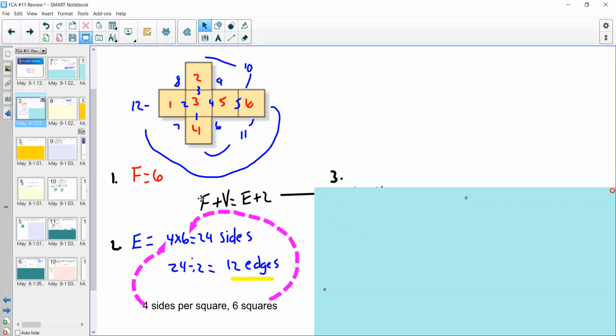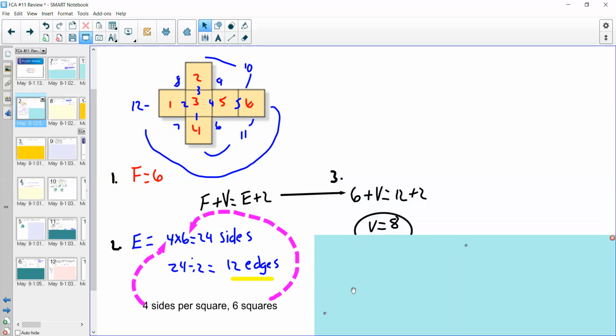Notice in Euler's theorem there are 3 variables, and now I have 2 out of the 3, so I can solve for the third. Because I've got the faces and the edges, I can plug that into Euler's theorem and solve for the number of vertices. We have 8 vertices. That is correct. To me, that's easier than trying to mentally count them.